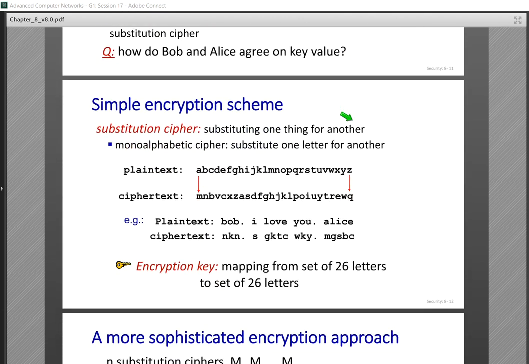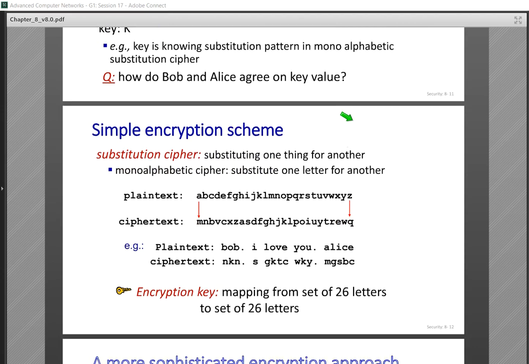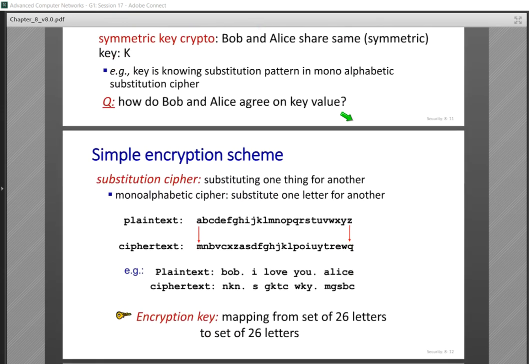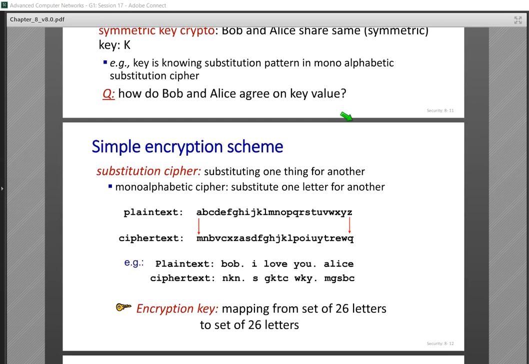For example, we can have several techniques when we talk about symmetric key cryptography. We can use, for example, substitution ciphering. What is this? In this strategy, look at this one.